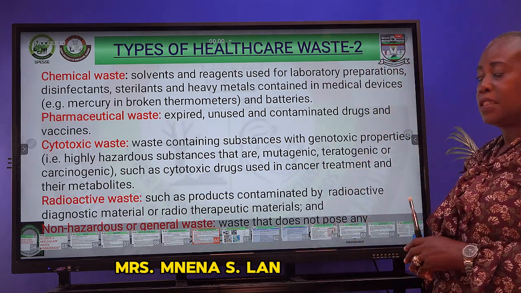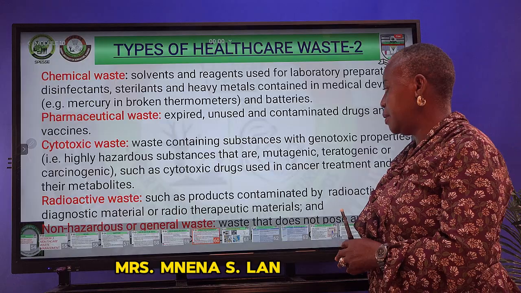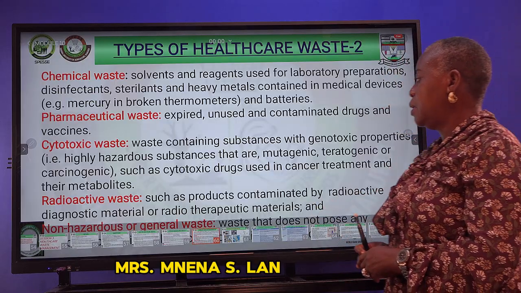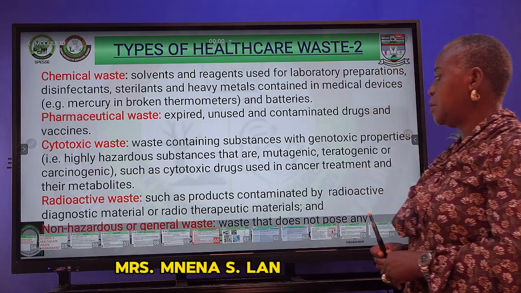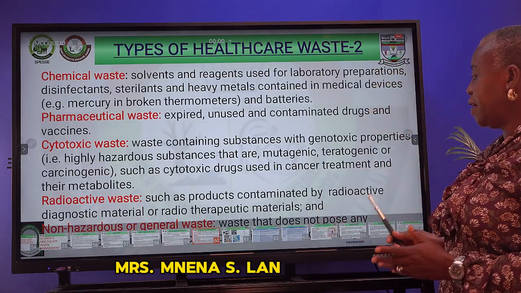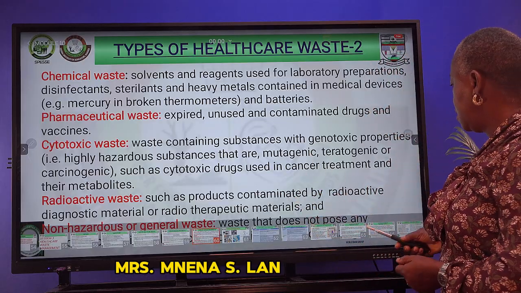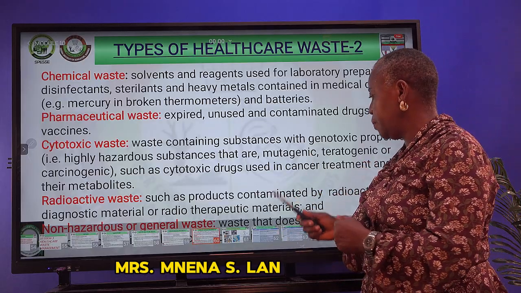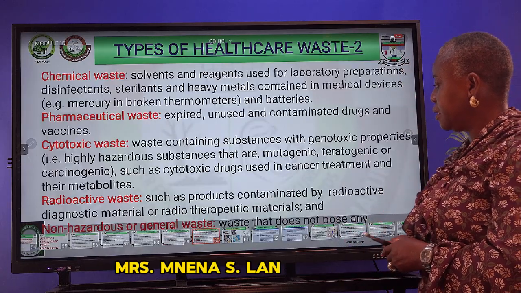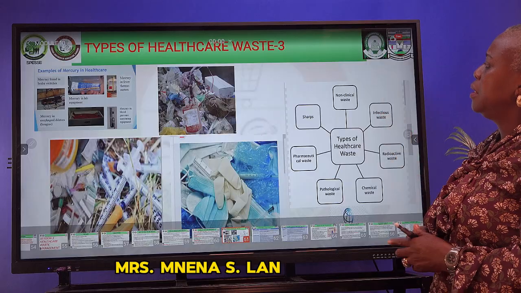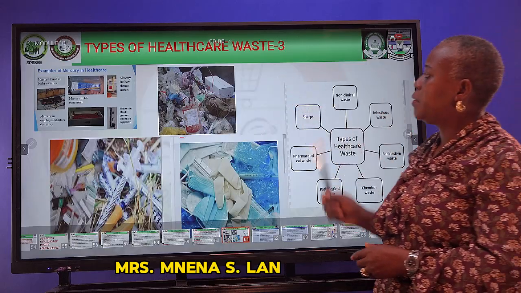Then we have the radioactive waste, used during radiotherapy and other radioactive procedures. The 85% we have are the non-hazardous waste, which are normal waste we get maybe from beddings or medical devices used. So just a pictorial explanation of what medical waste is.